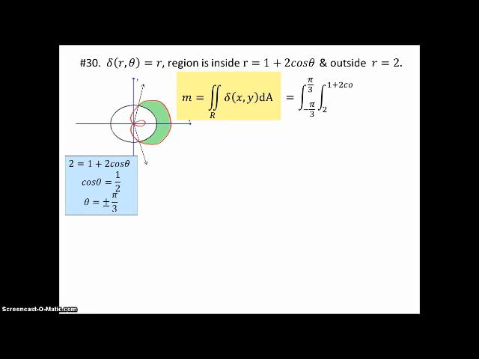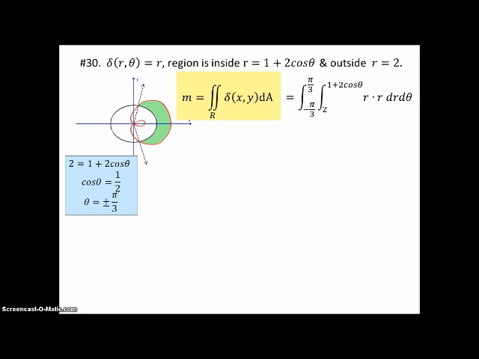So we're going from negative pi over 3 to pi over 3 for theta, and we're going from 2, starting at 2 and going out to 1 plus 2 cosine theta for r, and the density is r, and then dA, you'll recall, in polar form is another r dr d theta. So we have one r from the density and one r from the dA.